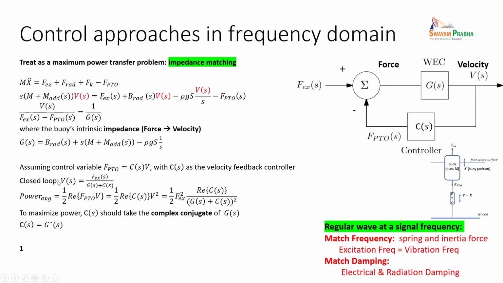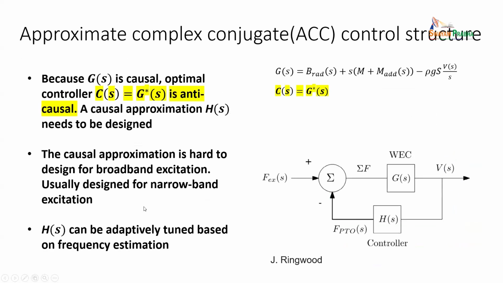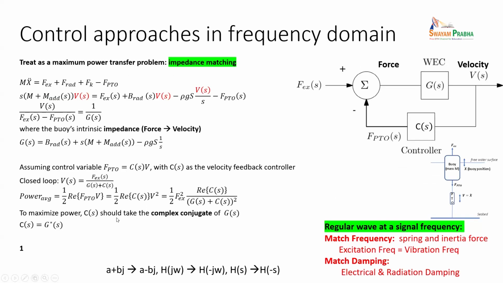Similarly here, you get the power output as force times velocity, and you get this condition. To get maximum power, you take the complex conjugate.